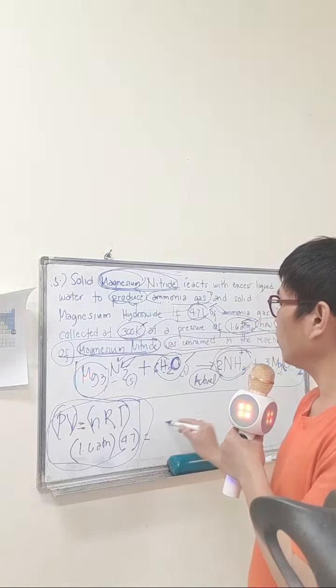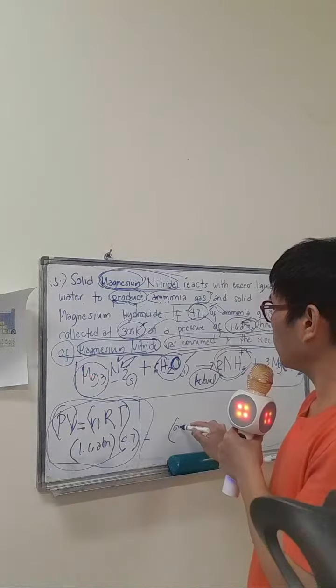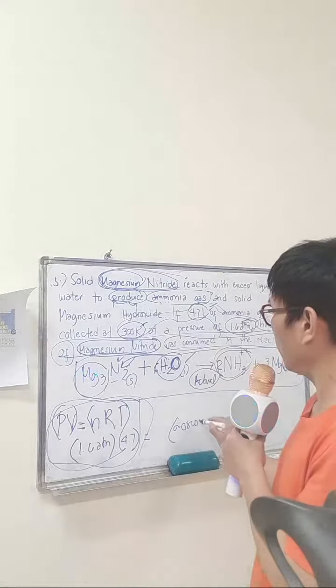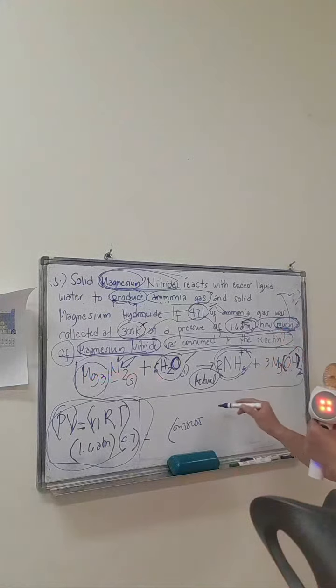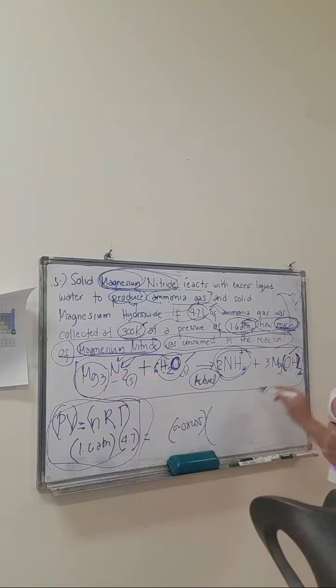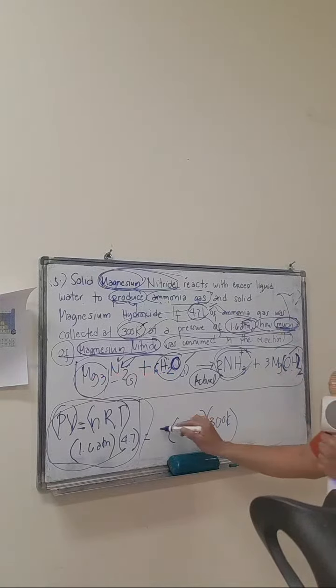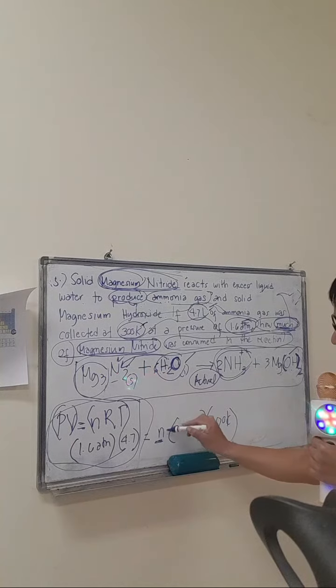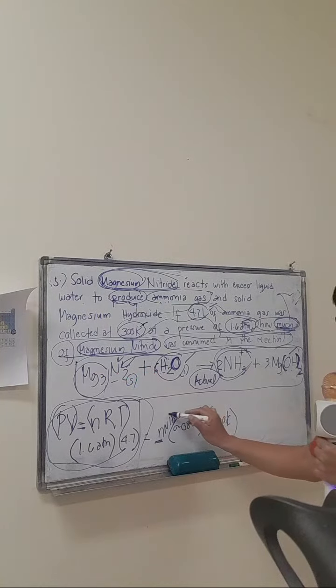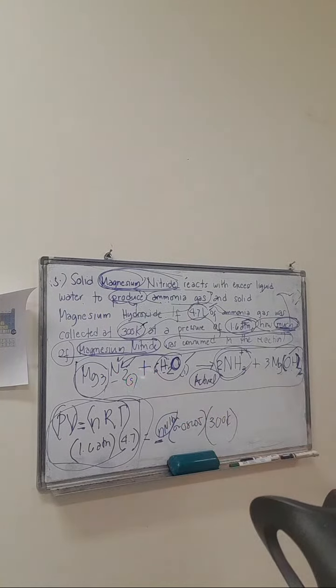Now, universal gas constant na itong gamitin, 0.08205 because it is liter atmosphere. Now, temperature is 300 Kelvin. Now, we have the number of moles. This number of moles of ammonia, guys, take note. This is really theoretical. So, compute now the moles of ammonia.